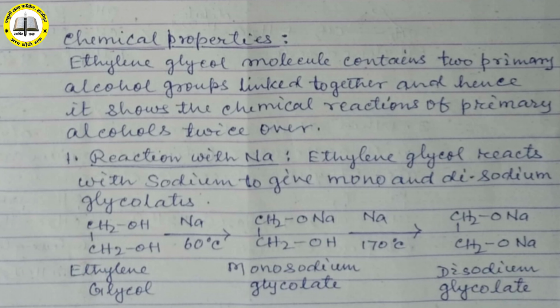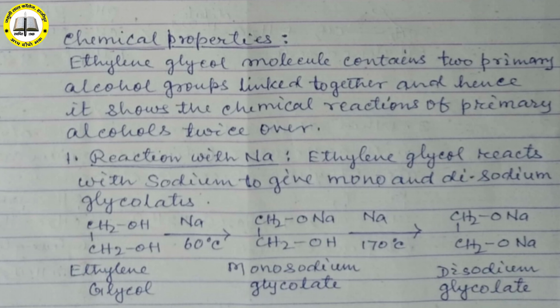So, first we discuss the reaction of metal sodium with ethylene glycol. Ethylene glycol reacts with sodium to give first monosodium glycolate, and this on further reaction with sodium gives disodium glycolate.